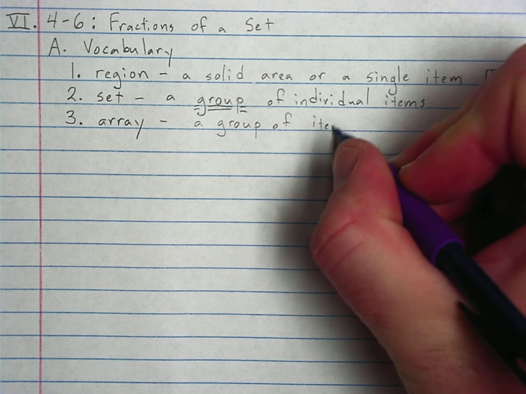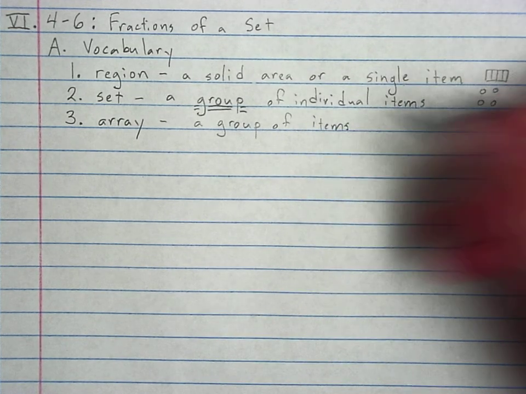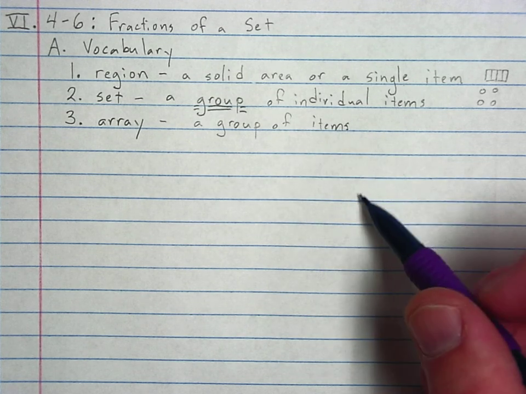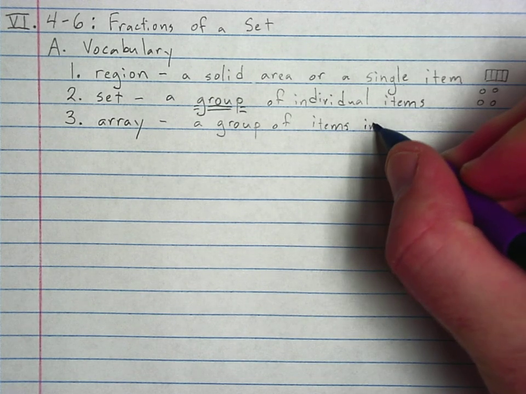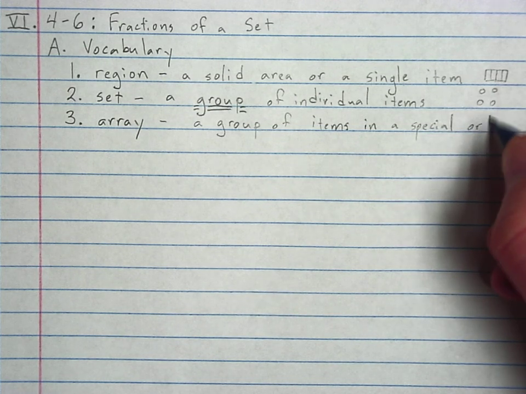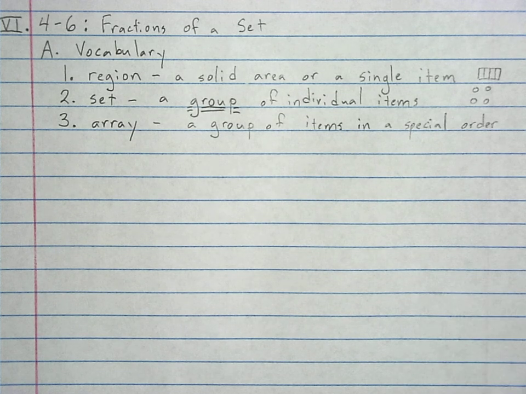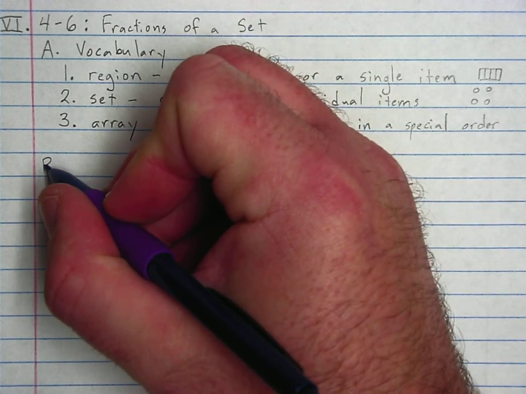This looks a lot like our definition for a set, which is by design. A group of items in a special order. It's not enough just to group the items. They're going to be set up a special way, and I'll show you what that looks like.